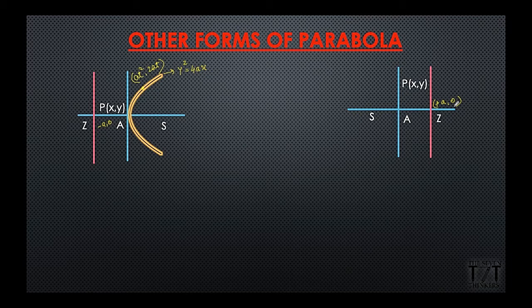It is only the curve getting transformed to clockwise direction, anti-clockwise direction, like that. So the directrix has been shifted as well as the focus has been shifted to minus a comma 0. So how would this curve look like? The curve looks like this.